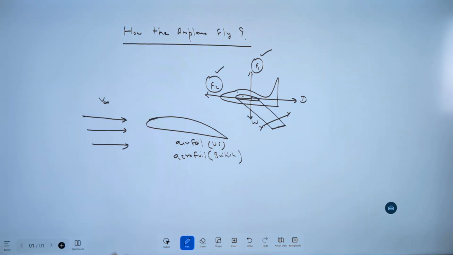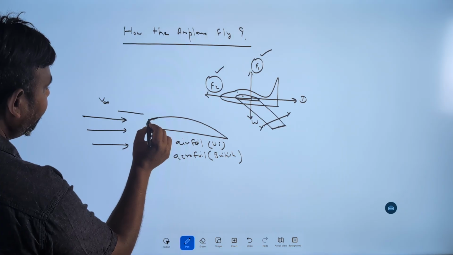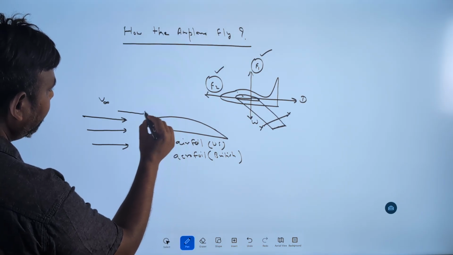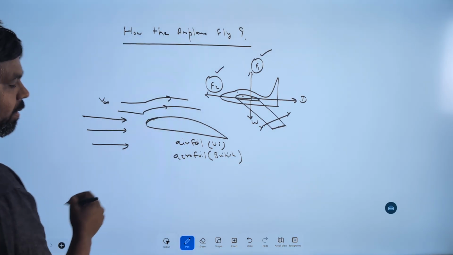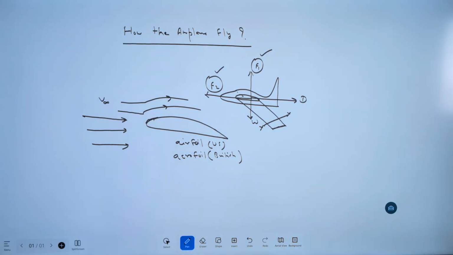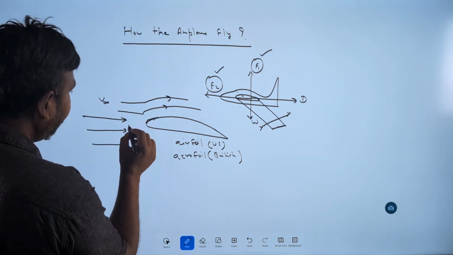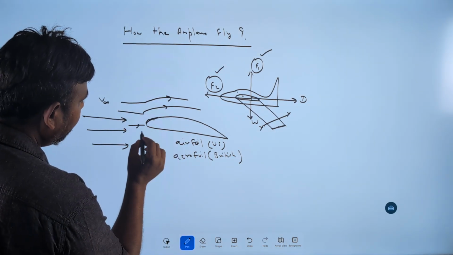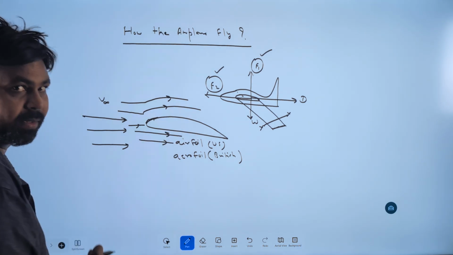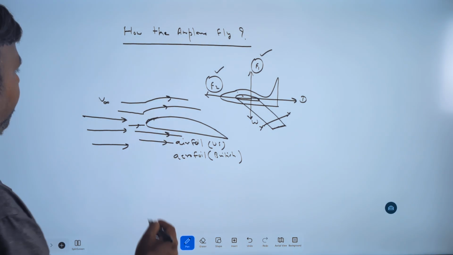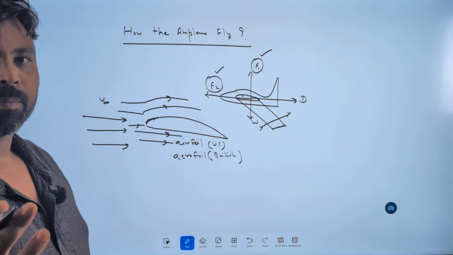Now what will happen when the air is approaching this wing, because of the curvature of the airfoil, the air gets accelerated, meaning the velocity of the air increases at the upper surface of the airfoil, and here there is no curvature, so the velocity may be the same or maybe some deceleration may be there. Then what we see is according to the Bernoulli principle, we will understand why Bernoulli says this.